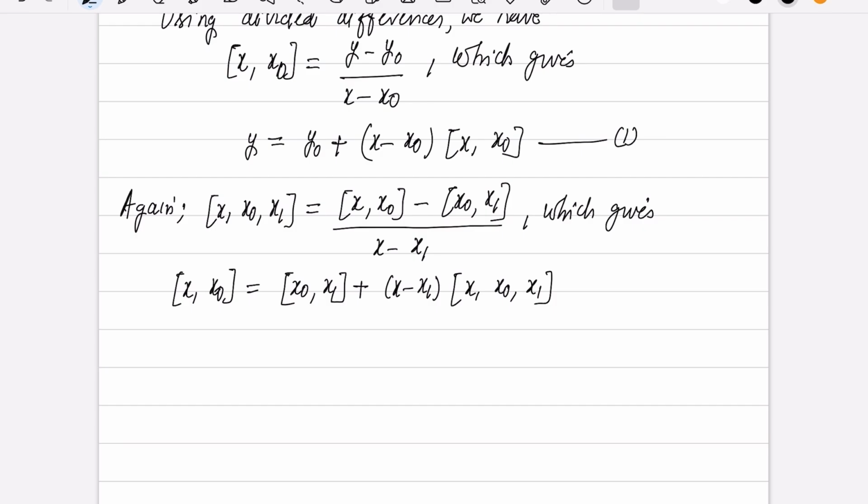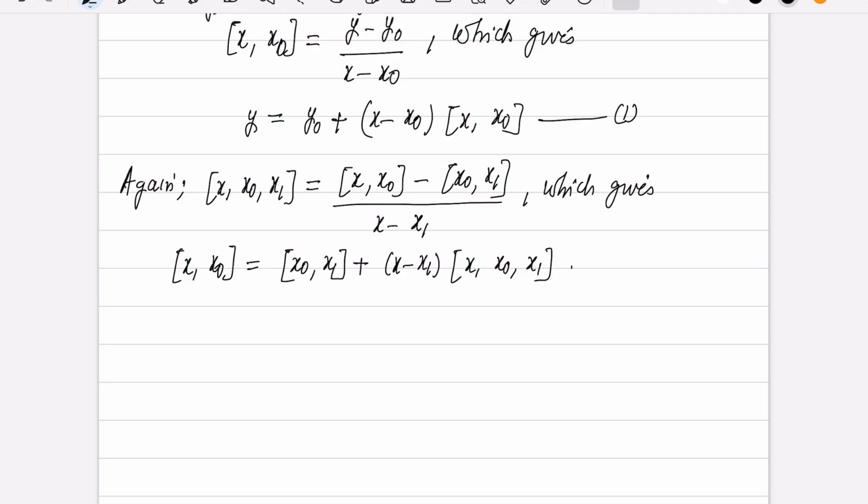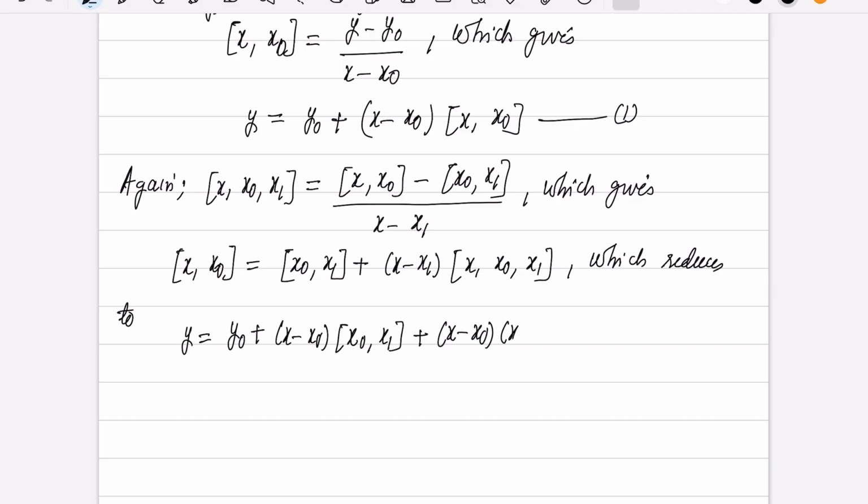Now we already have the value for x comma x0, so we can substitute it here, or we can use equation number 1 to obtain this equation, which reduces to y equal to y0 plus x minus x0 into x0 comma x1, then plus x minus x0 into x minus x1 into x0, x1, x.